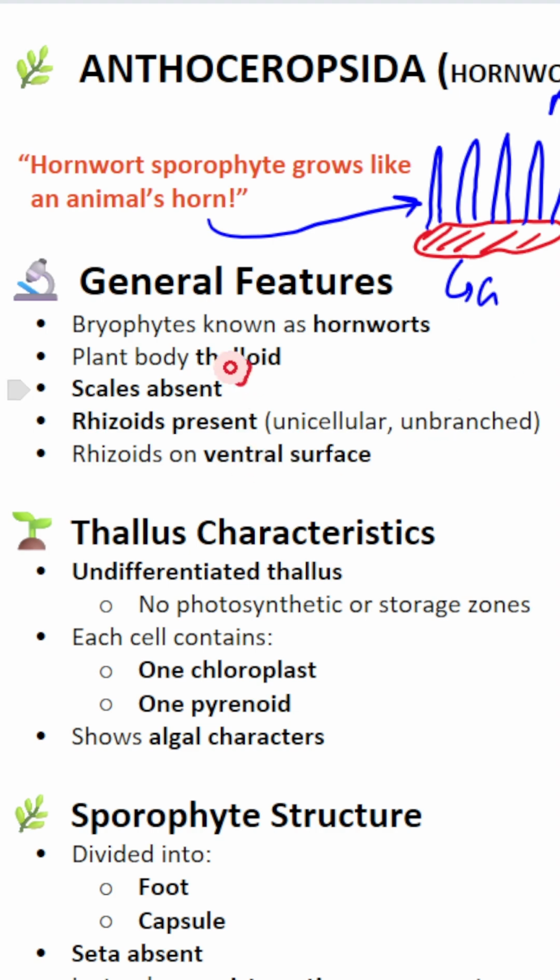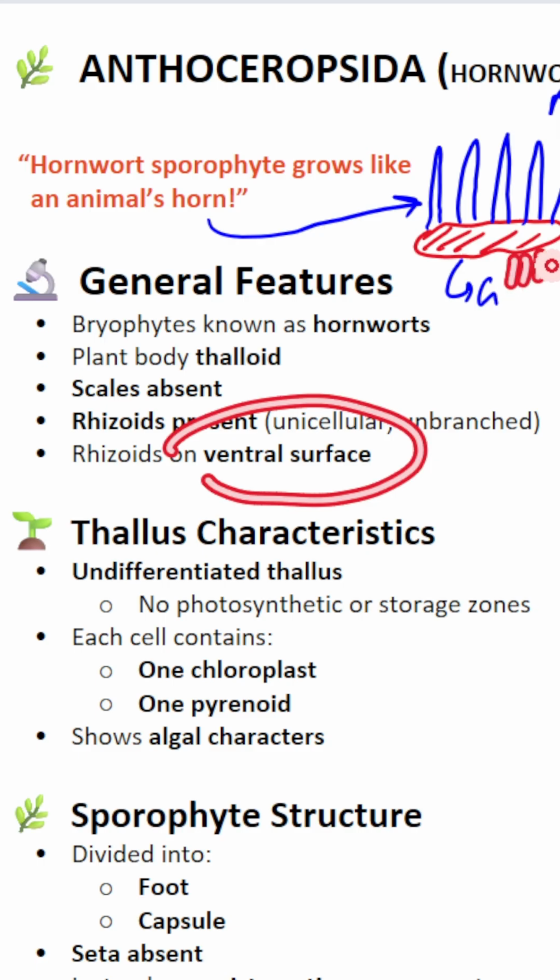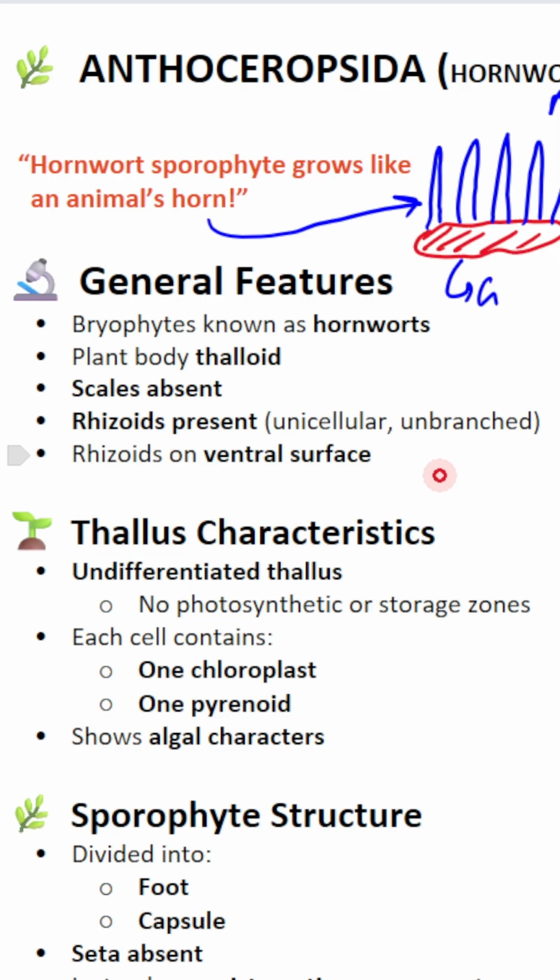Scales are absent here, whereas in liverworts the scales are present at the margins and are multicellular. In hornworts we don't find any scales. Rhizoids are present, unicellular and unbranched, and always on the lower, ventral surface of the body.